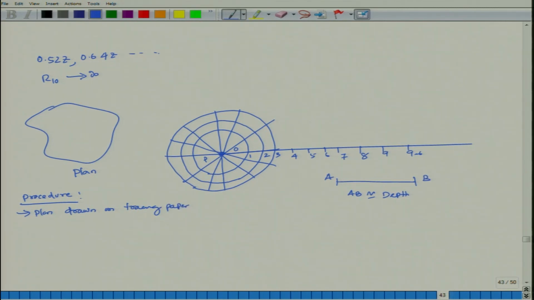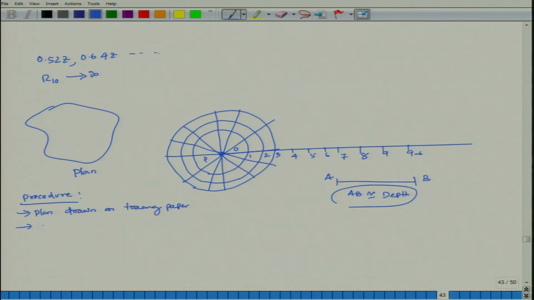The scale has to be drawn in such a way that length AB is equal to the depth, meaning the depth at which you are supposed to get the stress. Then the plan is placed over the numeric chart. You prepare the numeric chart up to the 9.6 circle, not the 10th circle, because at the 10th circle the value goes to infinity.